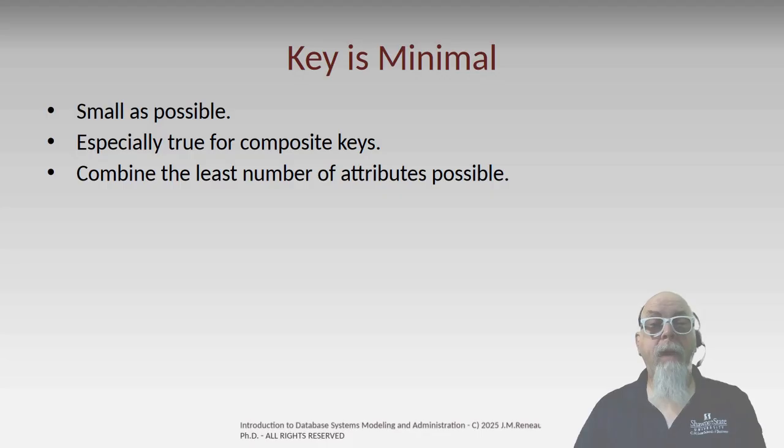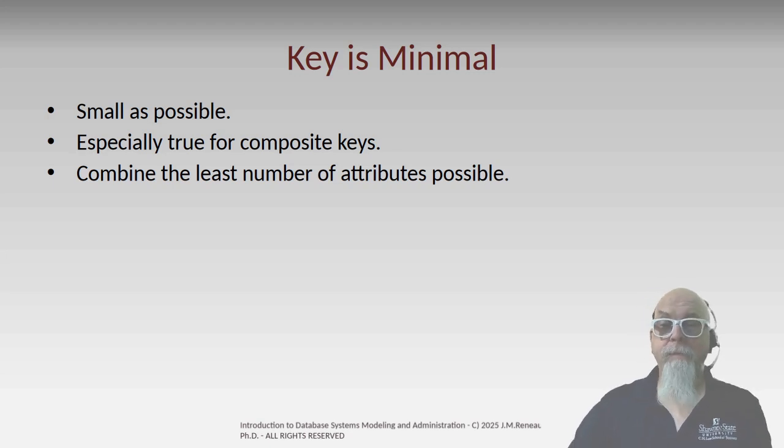If we're creating a composite key, use the least number of attributes possible, or if we don't have a good simple key, then it might be time to create a synthetic attribute that contains a key. And we'll talk about that.